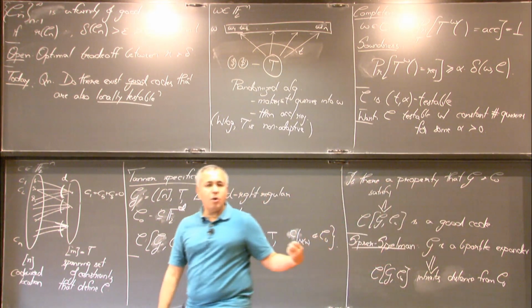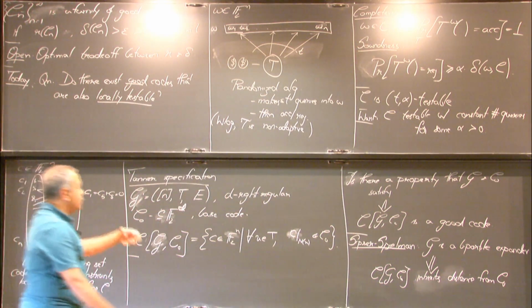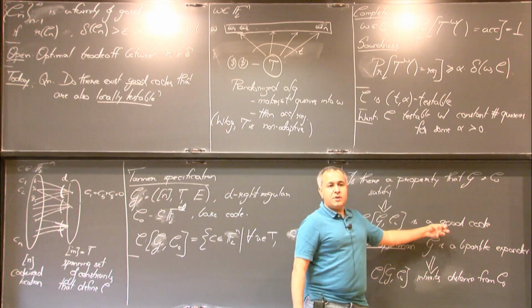You have a small code which has good distance, and G, which is a larger code, inherits the distance from this code.